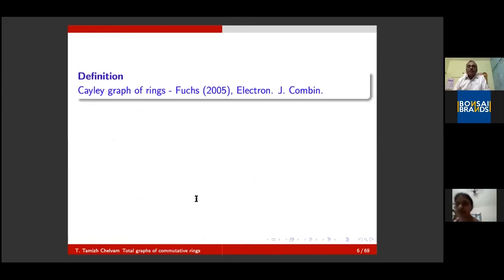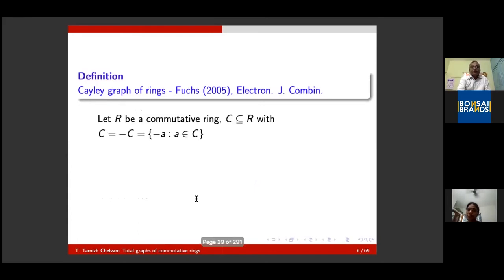Similar to this, in the Electronic Journal of Combinatorics in the year 2005, they introduced a graph called the Cayley graph of rings. Specifically, if you take a commutative ring R, take a subset C of R satisfying this condition. Please note that R plus is a group.